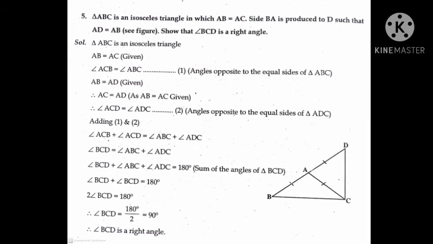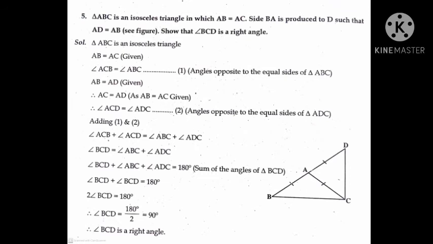Now adding equation 1 and equation 2, angle ACB plus angle ACD is equal to angle ABC plus angle ADC. Next step, if we add angle ACB plus angle ACD, we get angle BCD. That is equal to angle ABC plus angle ADC.